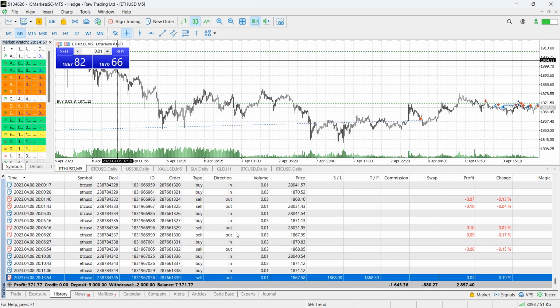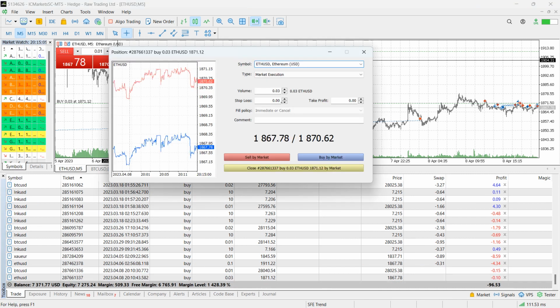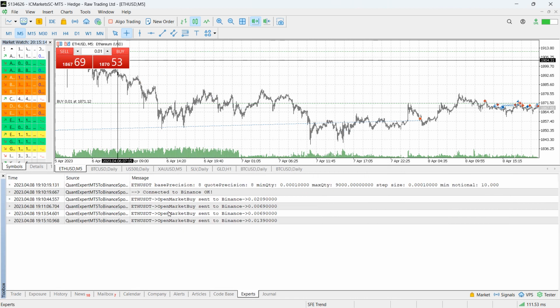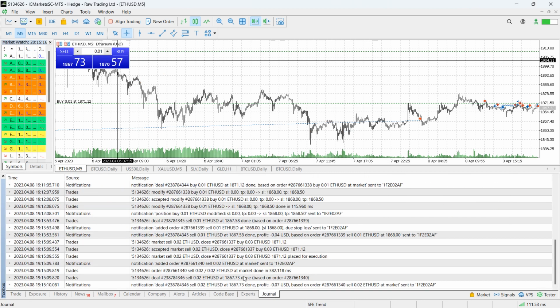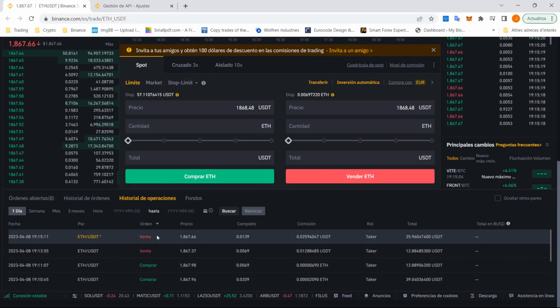We can see now what happens if we close that. I'm going to do, for example, a partial close of this trade here. For example, 0.02. Yeah, I close that quantity. We can see on Binance that we have a sell of proportional quantity.